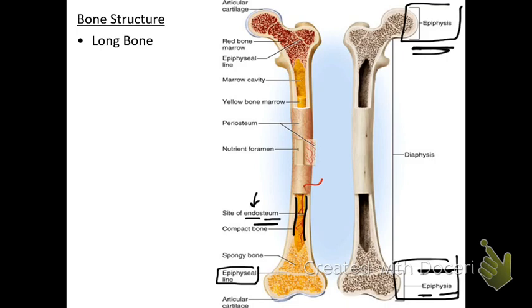I forgot to mention that the shaft of the bone, the majority of the bone length, is referred to as the diaphysis. So the ends are the epiphyses, and the shaft is referred to as the diaphysis. The way I remember this term is dia means across, like diameter.